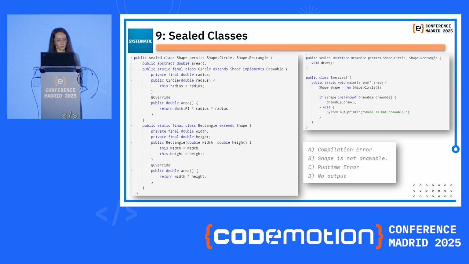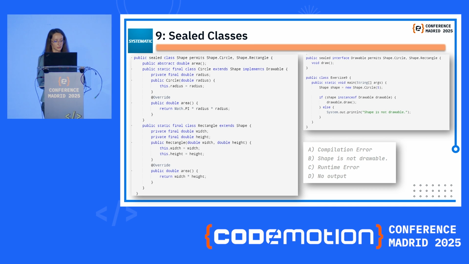That's an interface that you can see on the right side. Then we have a Rectangle class that extends only Shape. That interface is also declared as sealed. It permits Circle and Rectangle. And in the main method, first of all, we are declaring an object of type Circle.